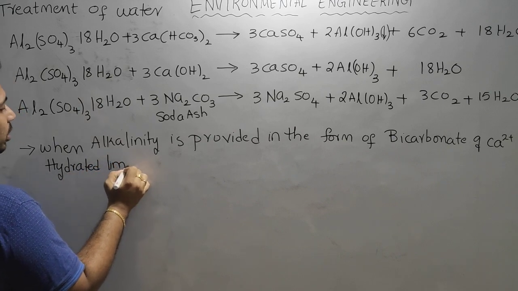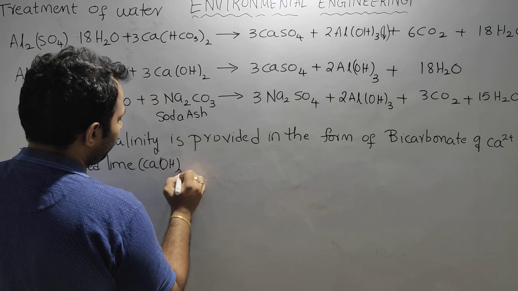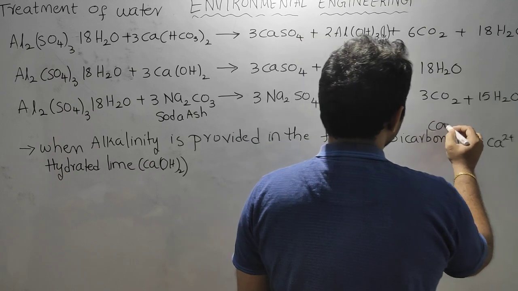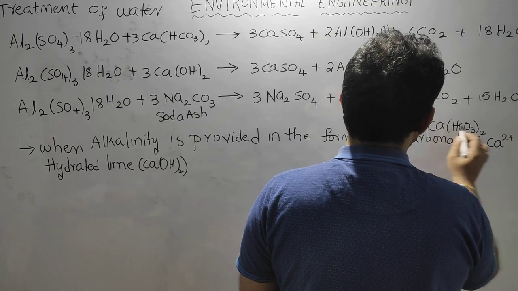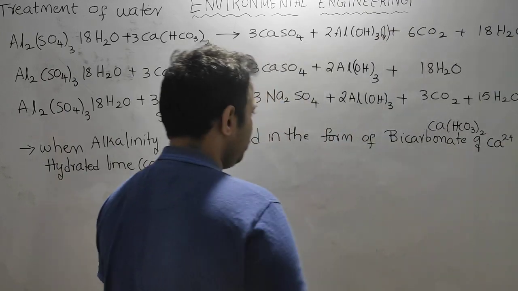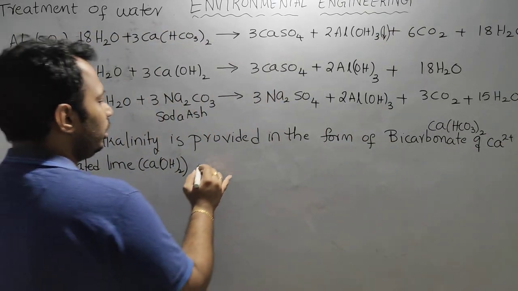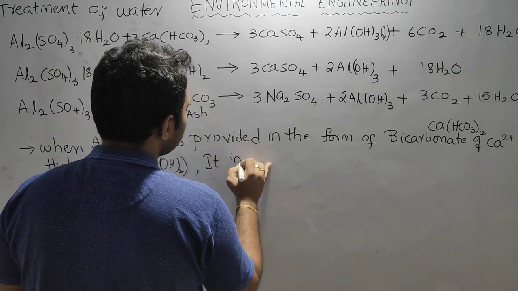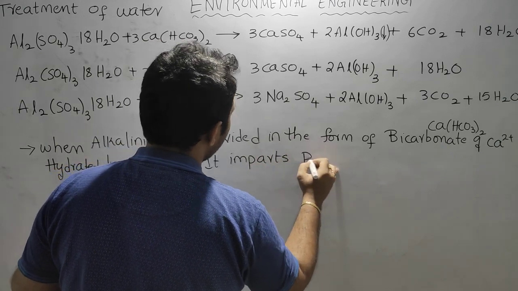Bicarbonate of calcium means Ca(HCO3)2. So when you are adding alkalinity either in the form of Ca(HCO3)2 or in the form of Ca(OH)2, it imparts permanent hardness to water.